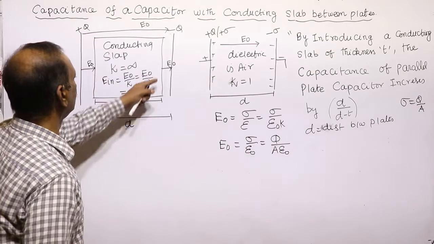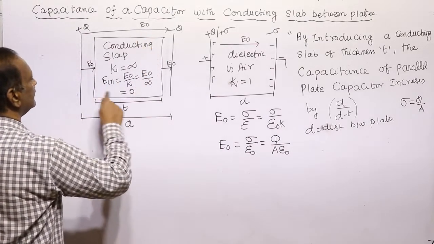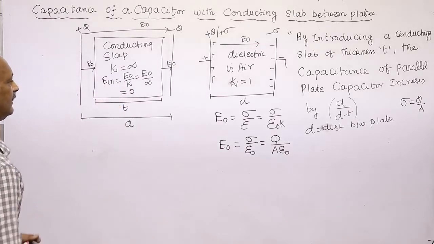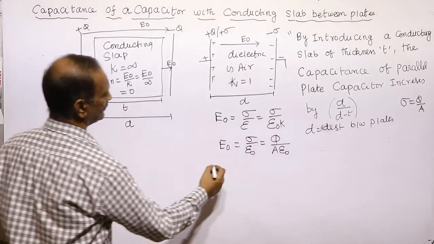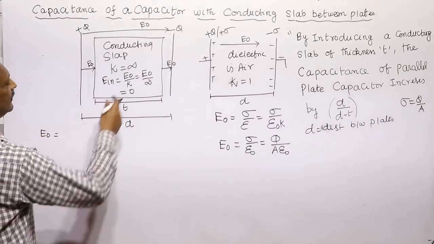It means the electric field inside the conducting slab of thickness t is equal to 0, and here we write E naught.